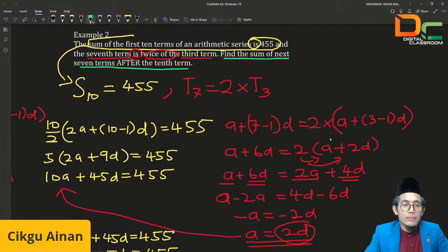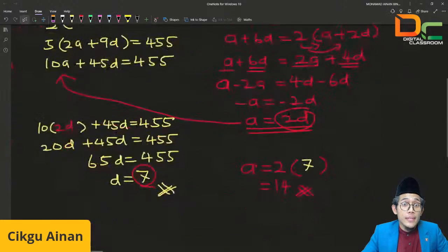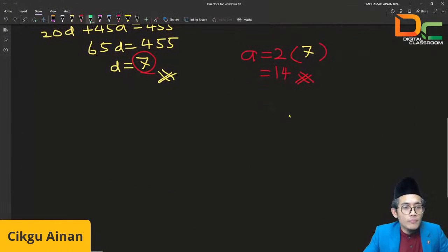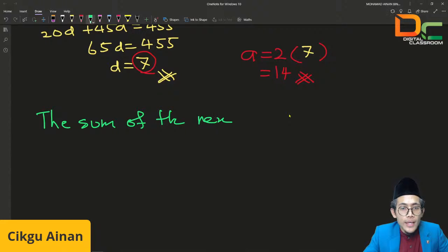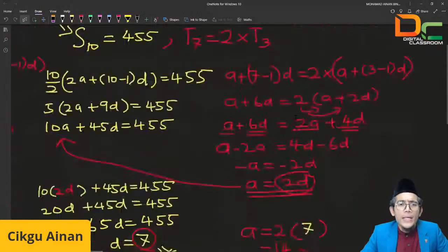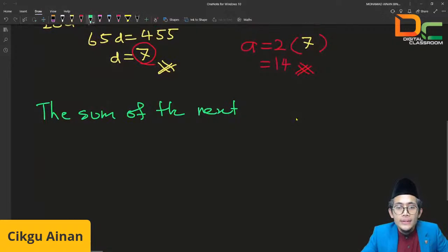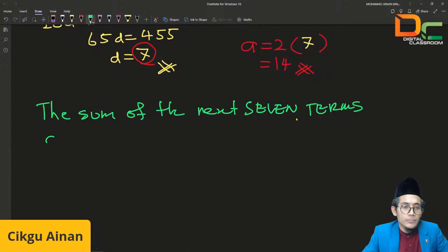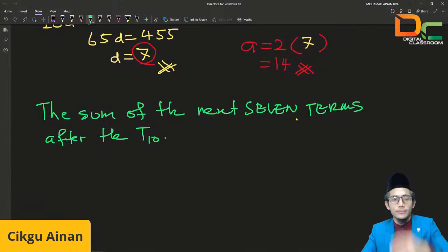Maybe I write the sentence again down here: the sum of the next 7 terms after the 10th term. I write it like this, easier for you to see.